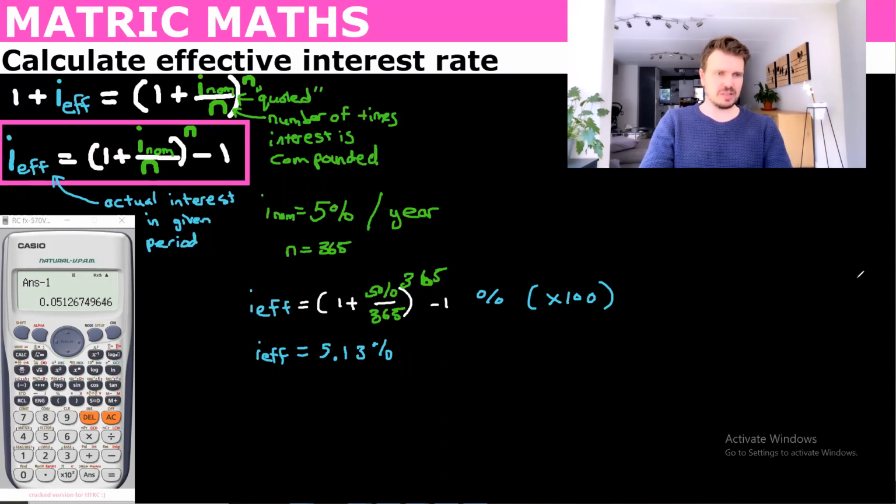So let's say that this is more common, in these past paper questions, it's usually monthly, right? So let's say we get 10% per annum compounded monthly.